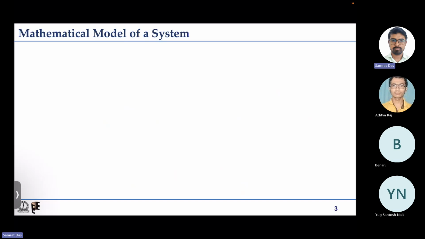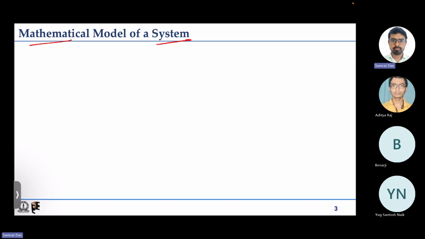Now let us go to the next step. What is a mathematical model of a system? So system, we understand. Mathematical is a term derived from mathematics, so obviously there are going to be some mathematical equations involved in it. And what is a model? A model is an approximated version of a physical system.